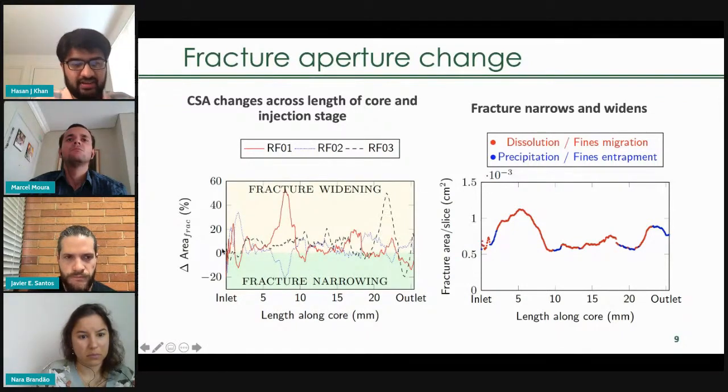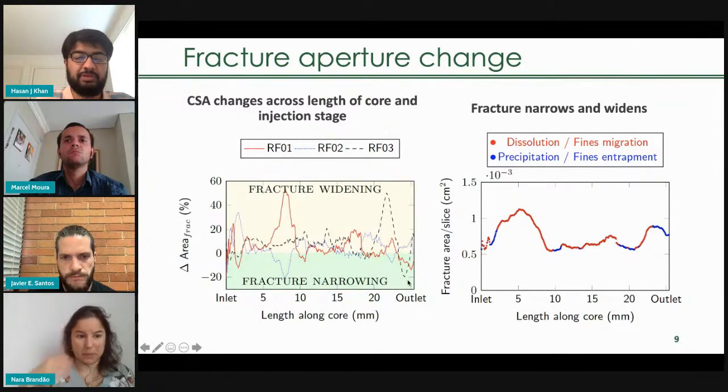So we see that there are different mechanisms happening. We can see in some regions that the fracture is widening or opening up, and in some instances we see that the fracture is narrowing. And we can attribute the widening to either mineral dissolution or fines migration, and fracture narrowing to either mineral precipitation or fines entrapment.